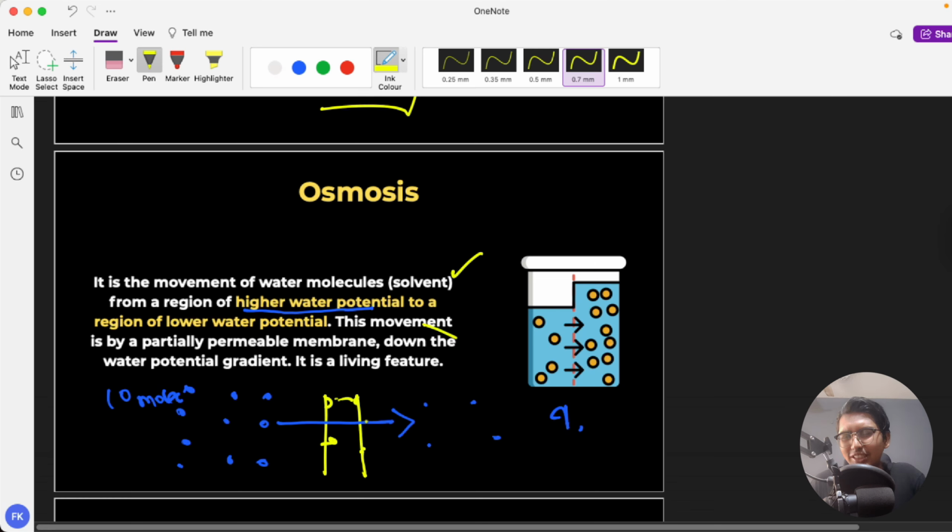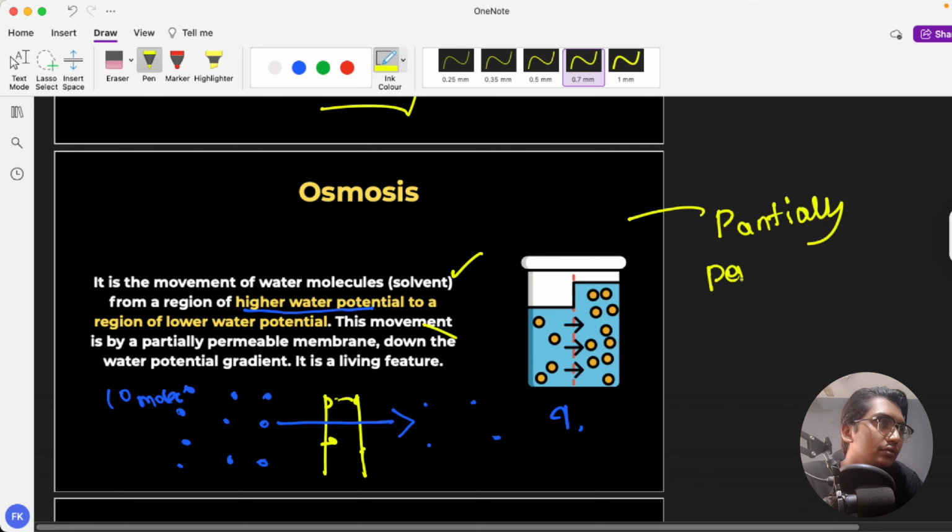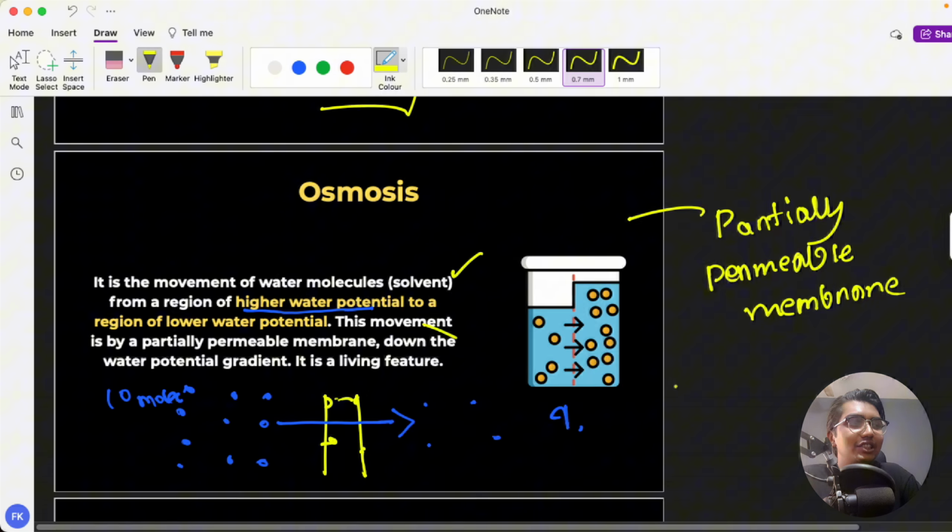So what does partially permeable membrane mean? You should ask me that question. A partially permeable membrane simply doesn't allow all substances to pass through it.